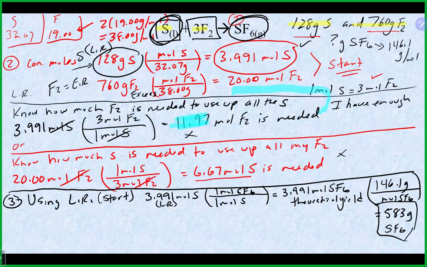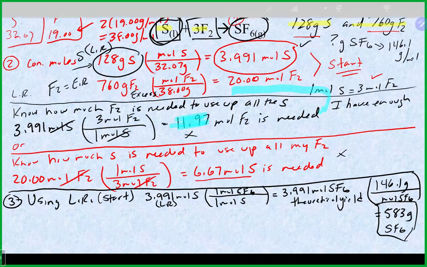Now, one of the benefits of maybe doing this method versus the next one I'm going to show you is for the question that you're sometimes asked, which is how much of the excess reagent is left over.